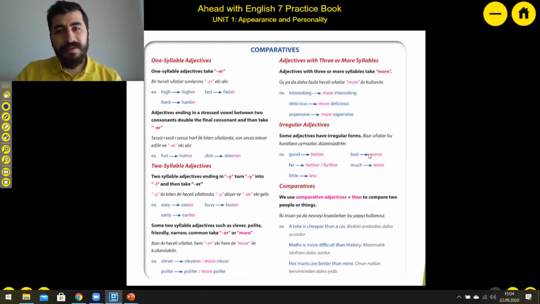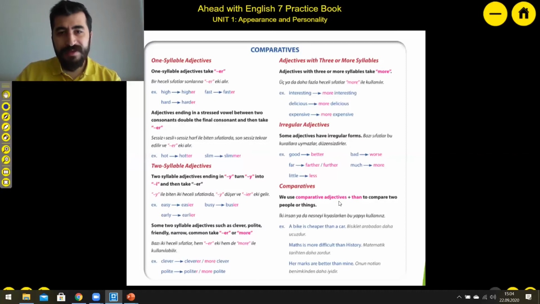Bad, we don't say badder, we say worse. Little, less, much, more. They are irregular adjectives. They have other rules like that. You can read Turkish explanations also.